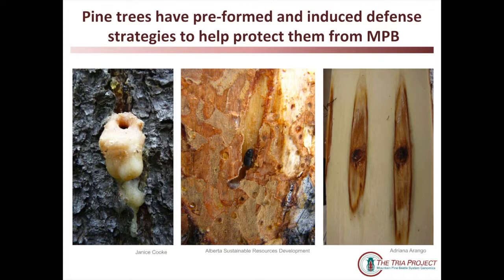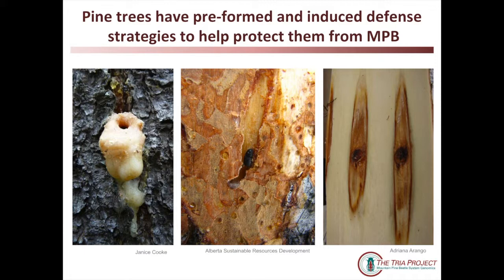So through various talks over this week and last week, you've heard about fungi that sit in the mountain pine beetle gut and also in the head capsules. And so these fungi then play a role in actually creating conditions that will result in tree mortality. And so we can inoculate the trees with these fungal associates to induce the tree to produce a defense response.